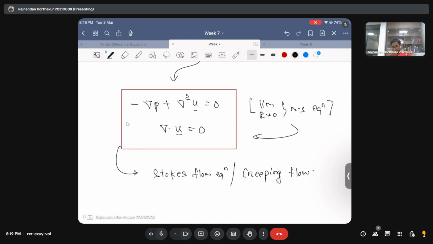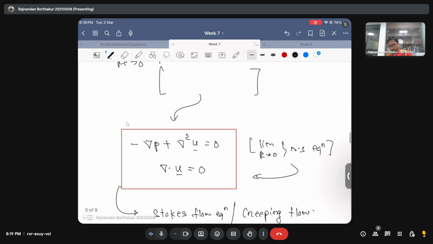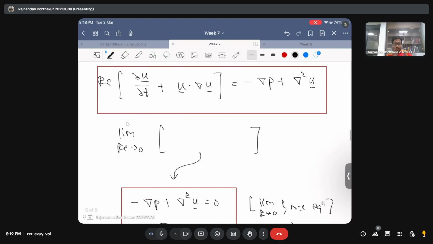Okay, so this seemingly simple equation, there are a couple of things. First of all, you now understand the power of non-dimensionalization. Since you know that the condition was Reynolds number tending to 0, all you need to do is derive the non-dimensional version involving the Reynolds number, and then set Reynolds number going to 0.